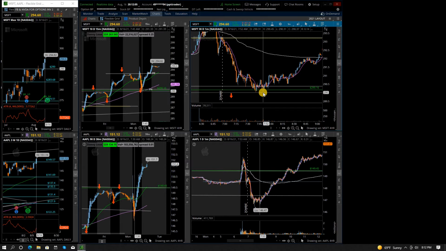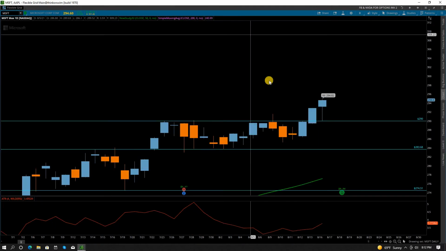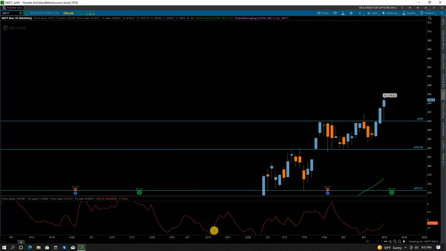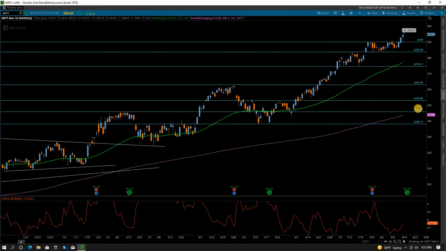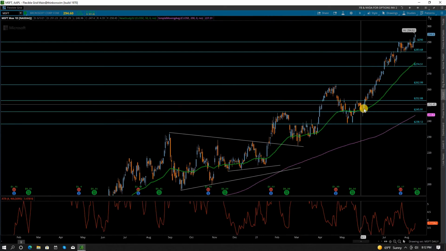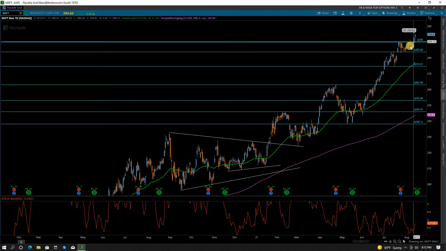There's too much to explain in one video, but basically on the daily here, just to make it very simple, I have a 200 SMA and a 50 SMA, and anything above these two SMAs, I'm just going long.